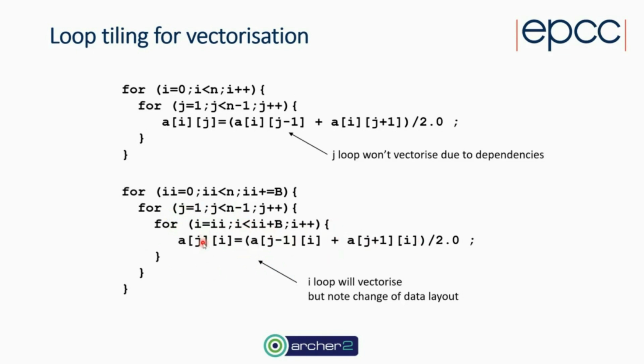So we're actually iterating over the i's now. Here I've not only changed the loop ordering, but actually changed my data structure setup. Now we go over the j's, and then we go over the i's in the innermost loop, and then we can vectorize this. So this is a different kind of loop blocking, but still potentially a useful one for getting around vector dependencies and those kinds of things.